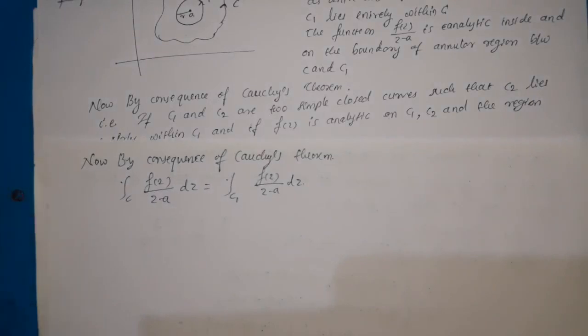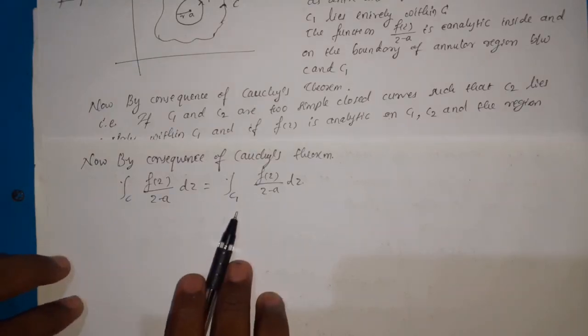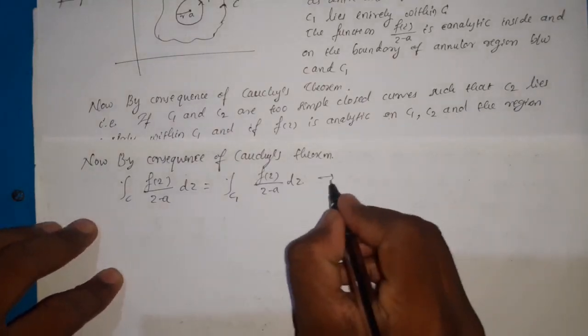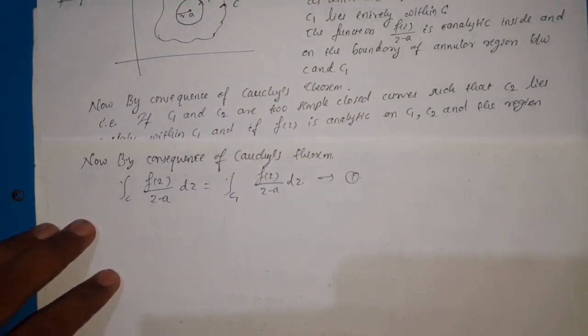So here our function itself is f of z divided by z minus a, with C and C1, and consider this as the first equation.